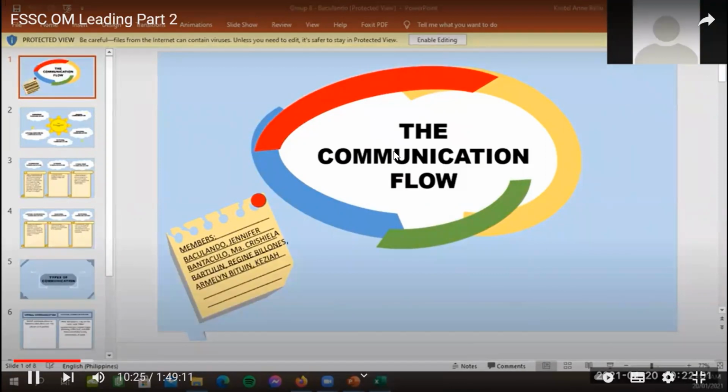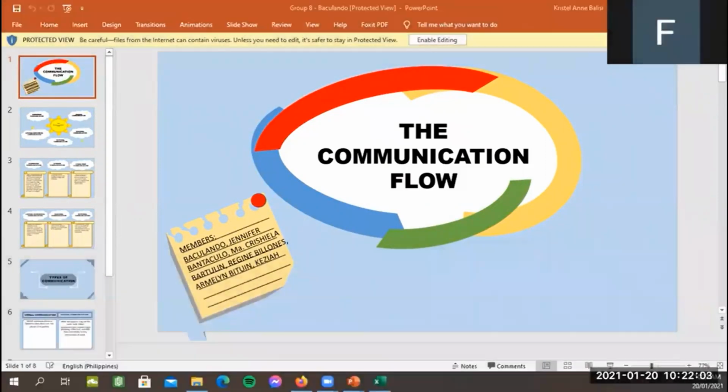Instead na grupo nila Darlo, since wala pa sila, kaila Bacolando muna tayo. So, for the group of Bacolando: Bacolando, Bantaculo, Bertolin, Bilyones, and Between. Pwede na mag-report.